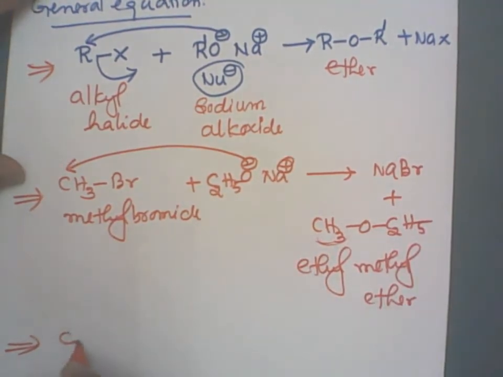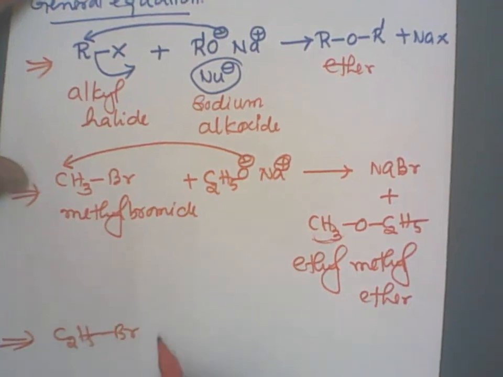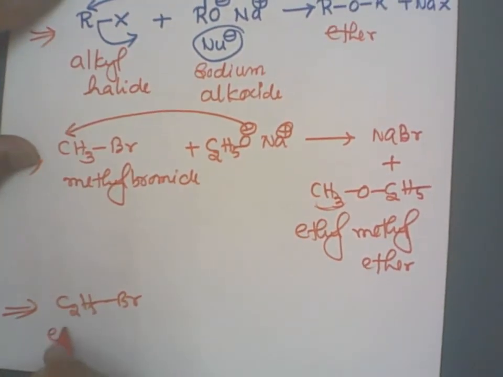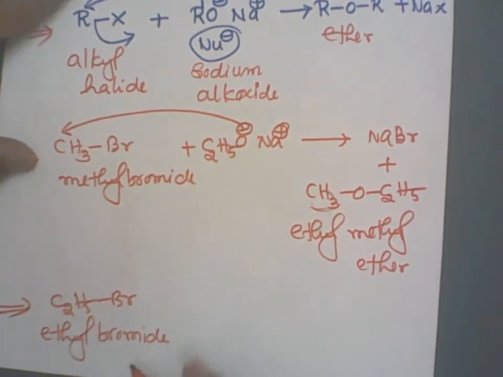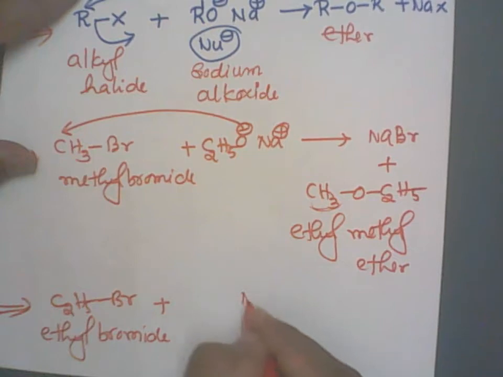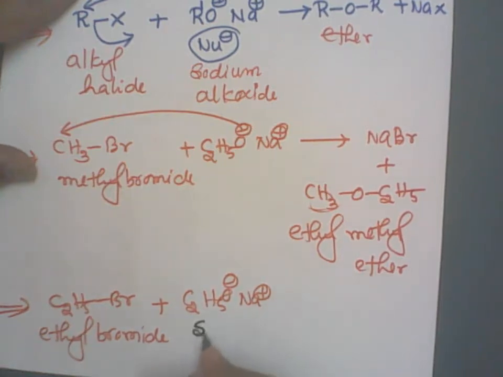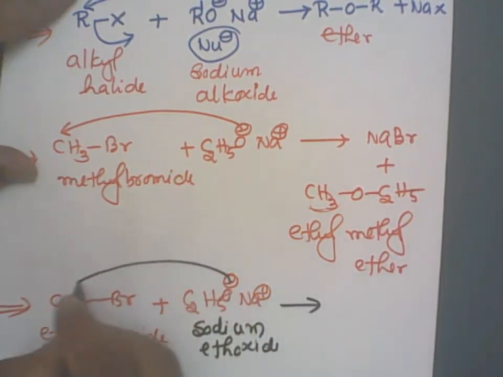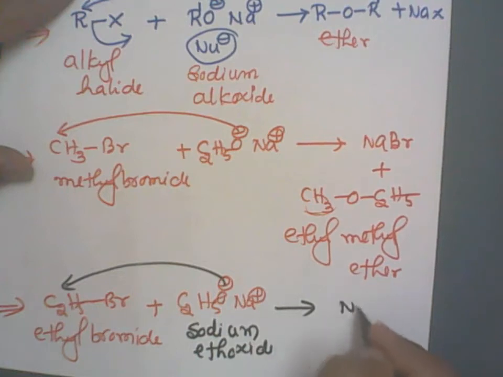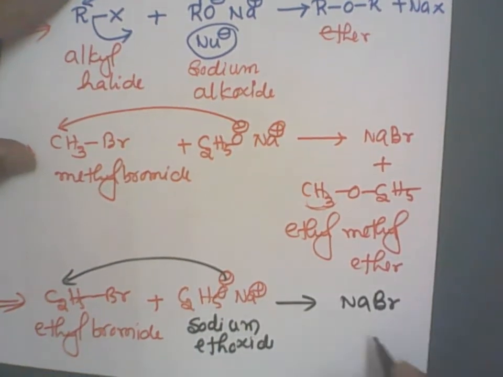So I'll go for one more example where both the groups are the same. Let me make use of C2H5Br, ethyl bromide. Ethyl bromide reacts with the same alkoxide, sodium ethoxide. The nucleophile attacks the carbon atom, and Br goes out in the form of sodium bromide, plus what am I going to get?